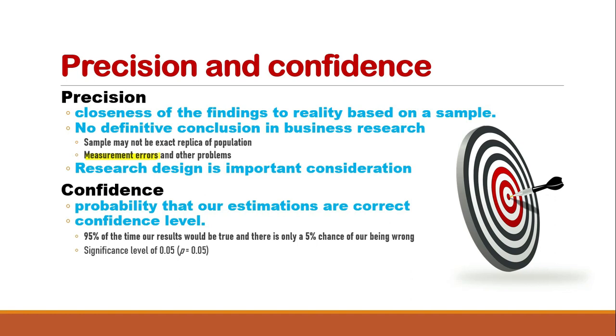Statistically, this is known as the confidence level, or the famous p-value, as we often call it, the significance level. The greater the precision and confidence in our research, the more scientific is our investigation and more useful will be the results. We may discuss this topic further in the sampling chapter.